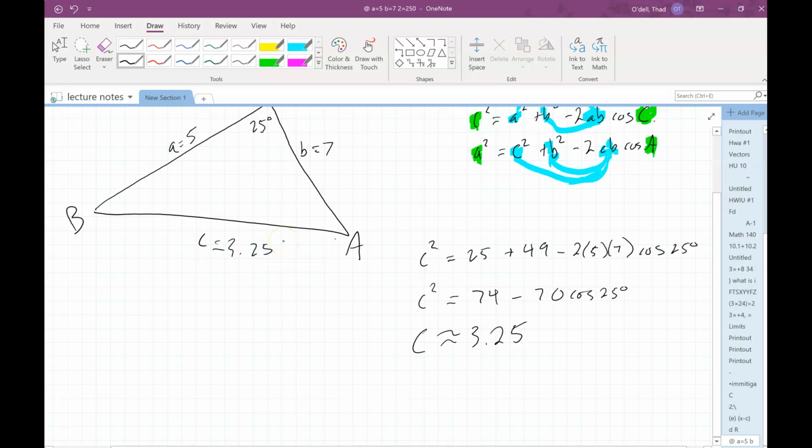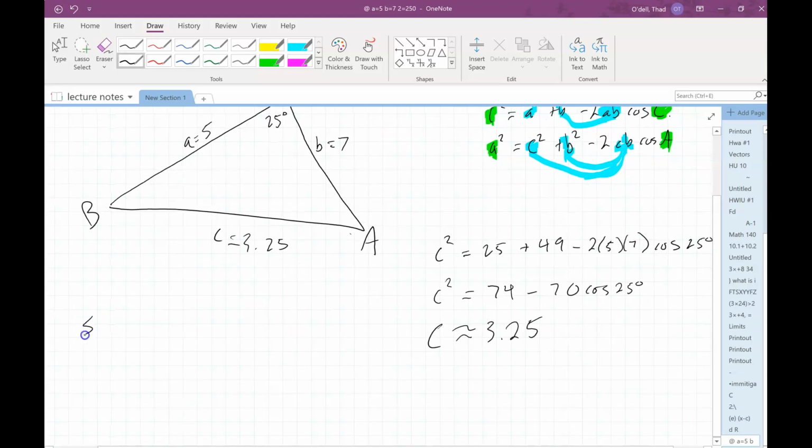Now, if we're trying to solve this triangle, of course, we need to find some missing angles. You can use law of cosines again, but at this point we now have a side and the angle opposite, so we could use law of cosines or law of sines. So then we'd say, for example, sine of A over a, which would be 5, is equal to sine of 25 over 3.25.